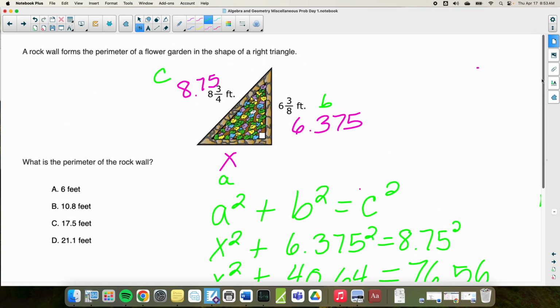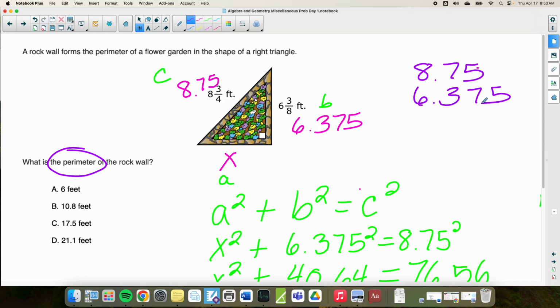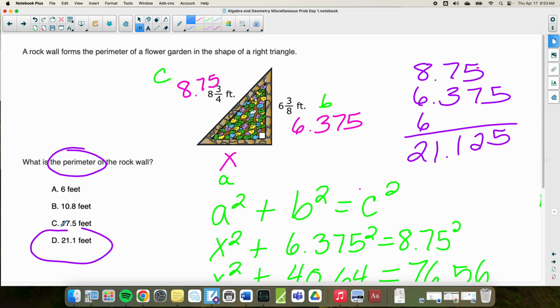Now, one thing you have to notice here is they don't just want this distance, they want the perimeter. So what we have to do is add around. So we would add 8.75, 6.375, and 6. Is it 21.12? Yeah. Is that what you guys got?